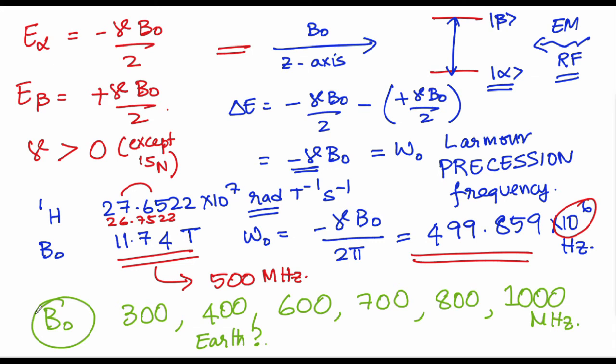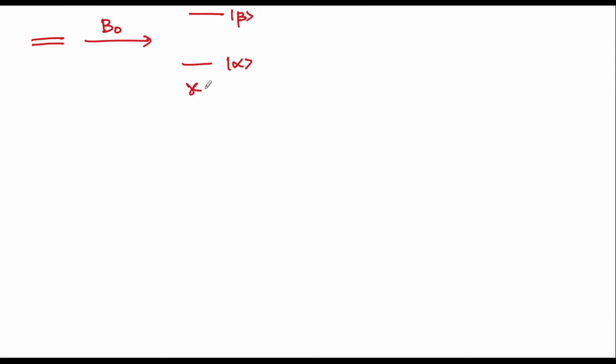in NMR spectroscopy. Let me reiterate a little bit. You have two energy levels that are degenerate. On application of B naught, you end up having splitting of these energy states, which is given by minus gamma B naught, and which is what we call the Larmor precession frequency.